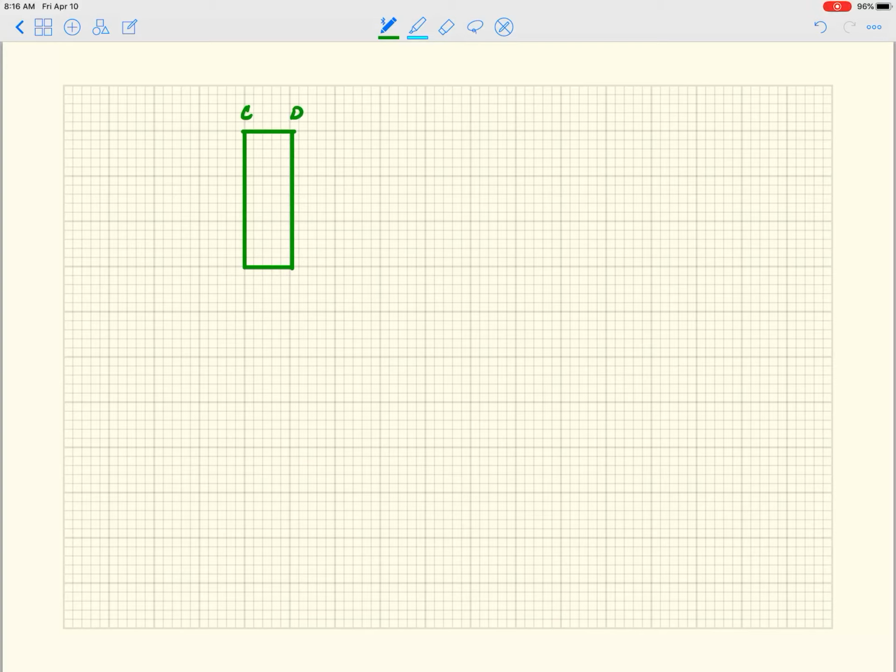So this is C and this is D. Now instead of just drawing the moments, I'm going to go a step further and draw the stress distribution. On the left-hand side, my stress distribution looks something like this.